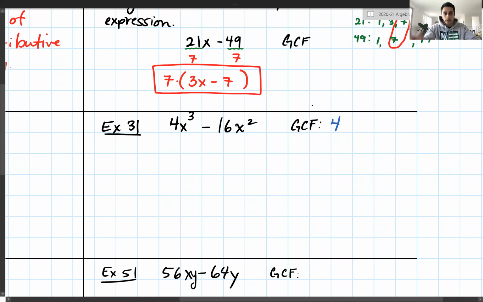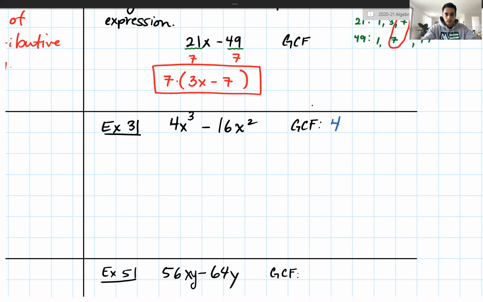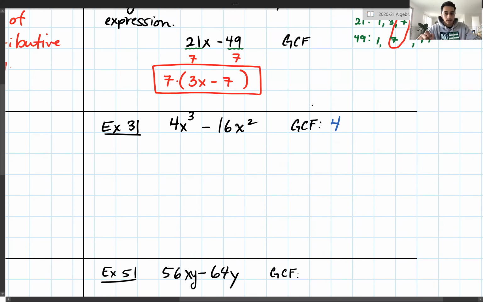Now, what else do both terms have in common? They also have x in common, right? And now the question also becomes, well, how many x's do they have in common? Because I have x to the third for one of them, and x squared for the other. Yeah, they have x squared in common.